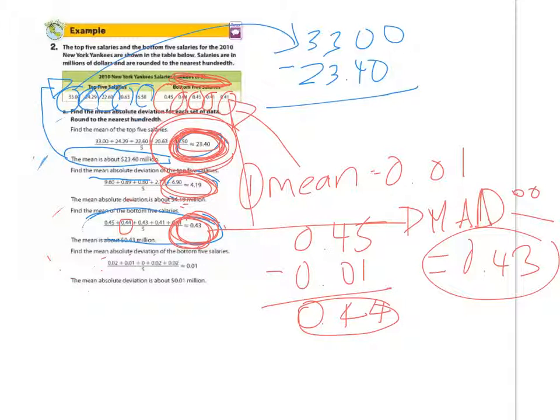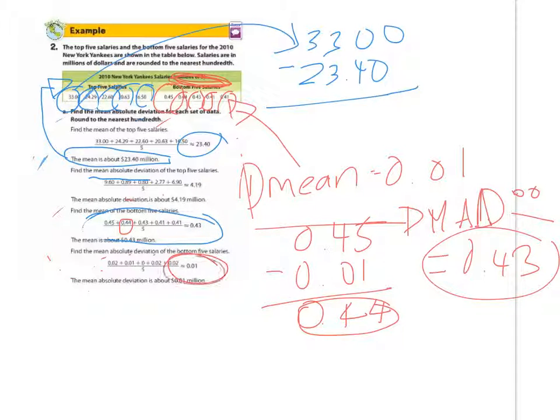Oh, I'm just messing this up. Let me start that again. I got too many circles going on here. Right here. The MAD for the bottom 5 salaries is 0.01. The MAD for the top 5 salaries is 4.19. So that means at the bottom, my little triangle with my finger, the bottom has a less spread.